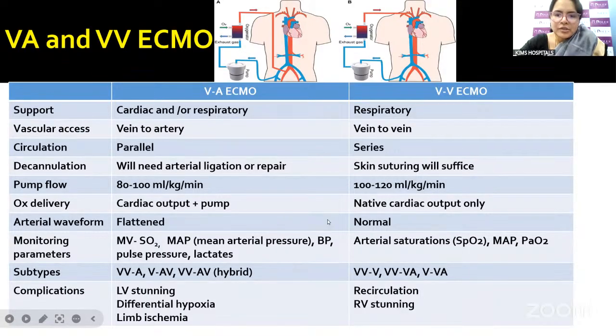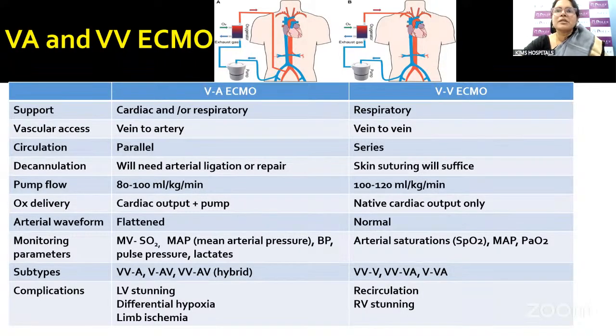Now, complications of ECMO also depend to some extent on the type. For example, in VV ECMO, one of the pertinent complications or challenges is recirculation, wherein the blood that is coming back from the return line can be drawn back into the drainage cannula if the distance between the two cannulae is very short.